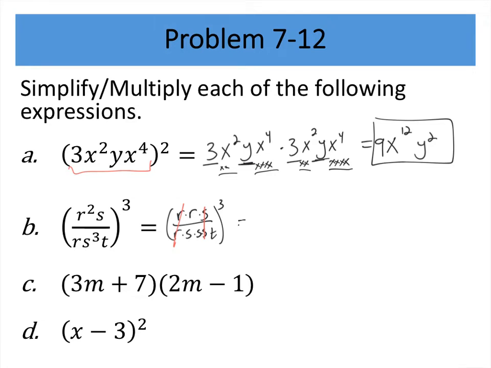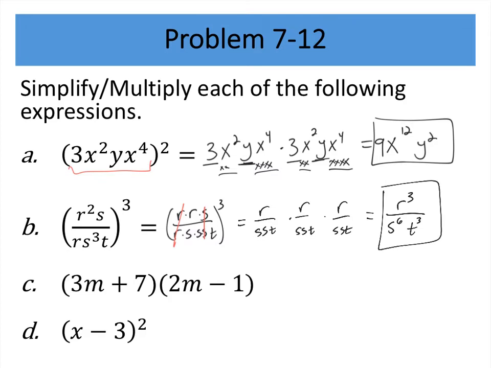And we should see that this is R over SST times R over SST, R over SST, and that gets us 3 R's being multiplied, 2, 4, 6 S's being multiplied, and 3 T's being multiplied. So this would be our final answer in its most simplified version.